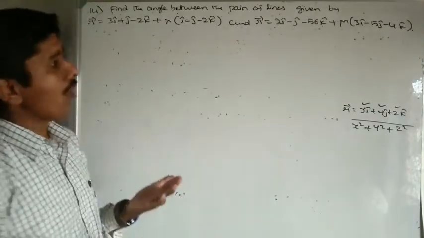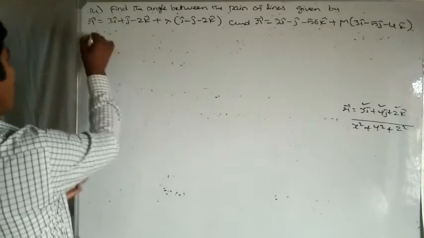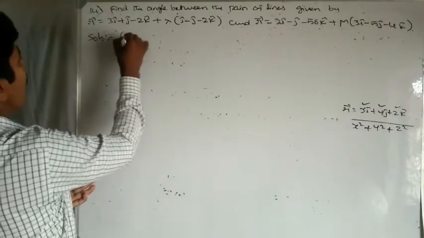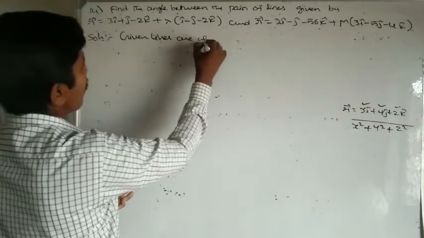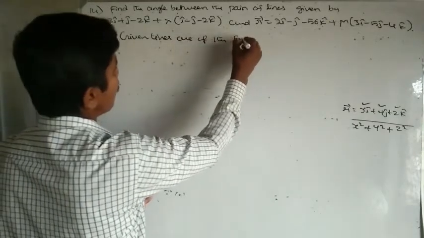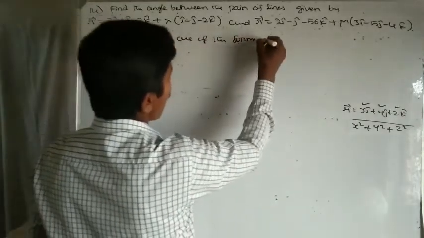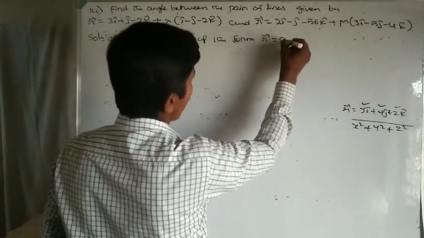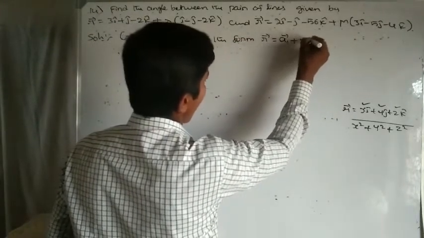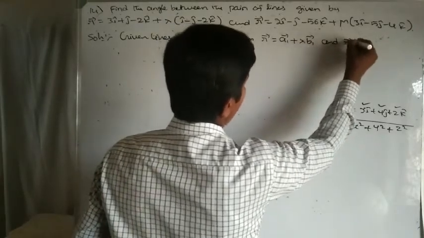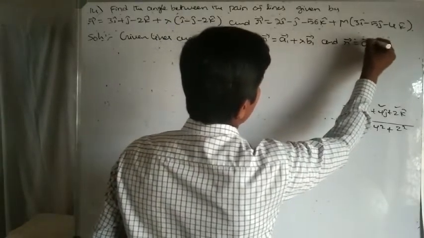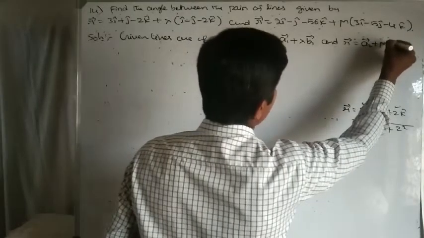Similar to the last problem, the given lines are of the form vector r equal to vector a1 plus lambda vector b1 and vector r equal to vector a2 plus mu vector b2.